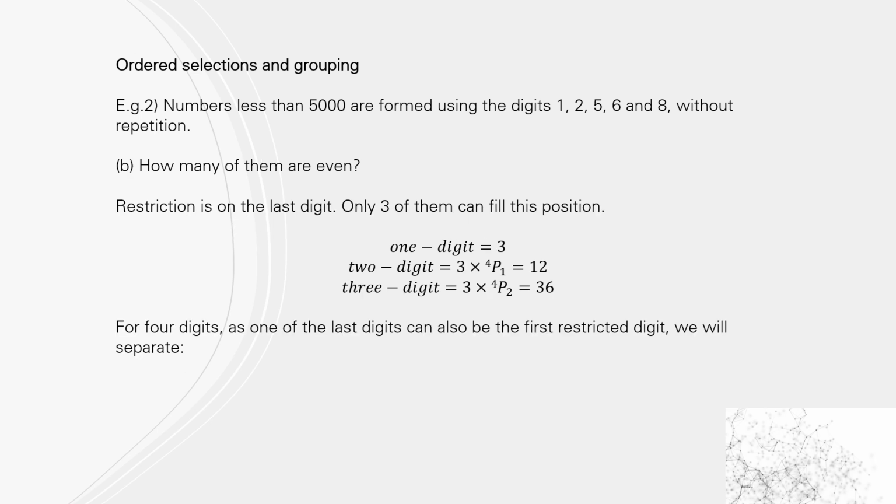How many of them are even? Well, let's go through our possibilities. The restriction of being even is on the last digit for the 1-digit, 2-digit and 3-digit numbers. So for the 1 digit being even, 2, 6 and 8.